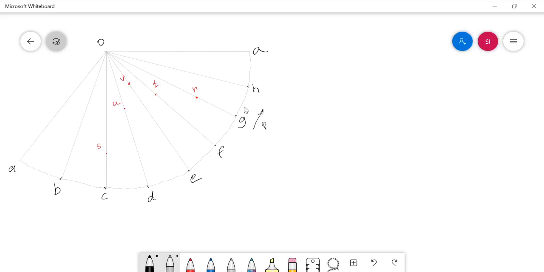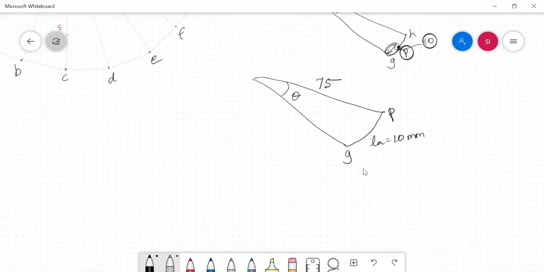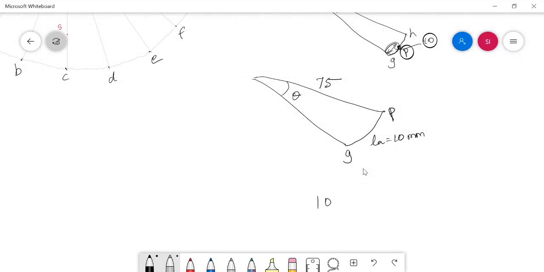So for this situation, we need to do one more piece of work. This is point G and that is point P. The arc length LA is 10 mm and I need to find out the angle theta by considering the radius as 75 mm. In this way, the 10 mm arc length will be equal to theta into 75 mm.